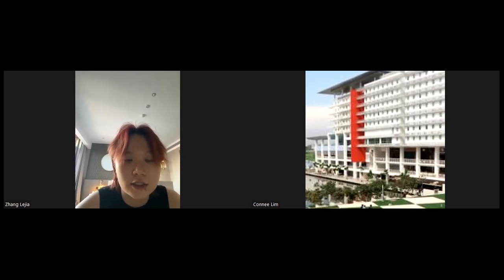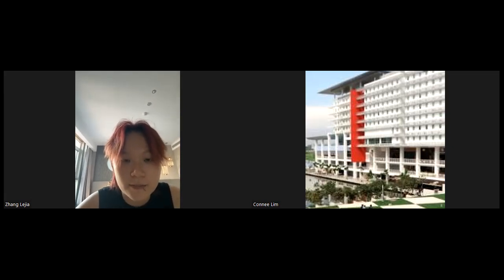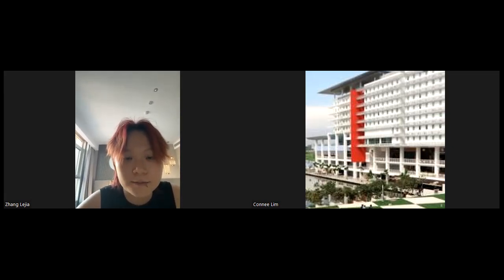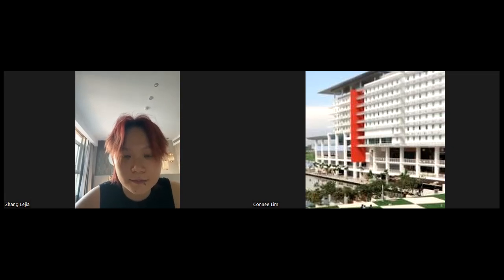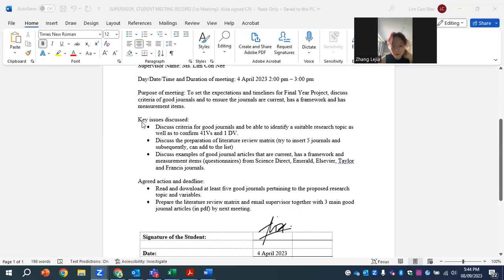Let me go back to that form again just now. I hope you can understand what I want you to do. I'll share screen. This is what you need to do. First one, find the journal. Key issue discussed. Can you see that? Yes. Find the journals, read journals, a lot of journals.